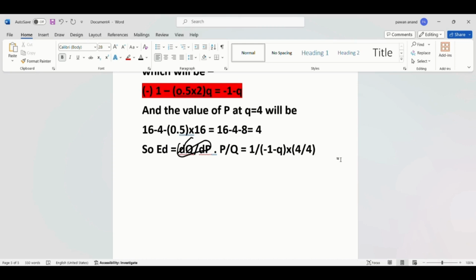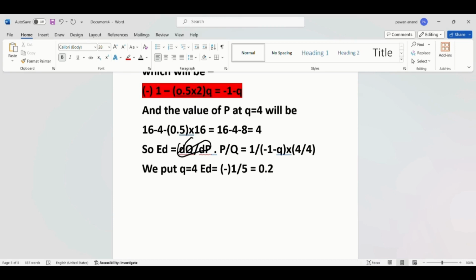So now you can solve it, and we also put Q is equal to 4 in this equation, and we get ED is equal to minus 1 upon 5, minus 1 by 5. We can also ignore this minus sign, then we'll get 0.2, which is option B.